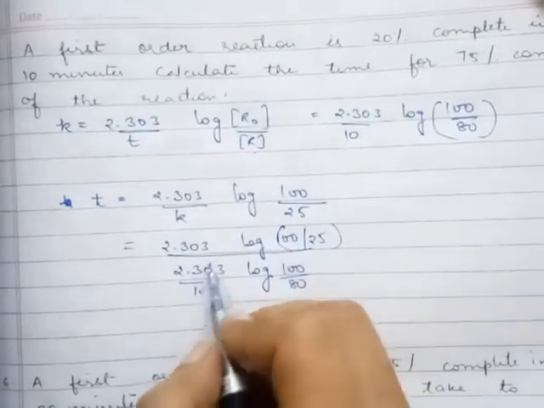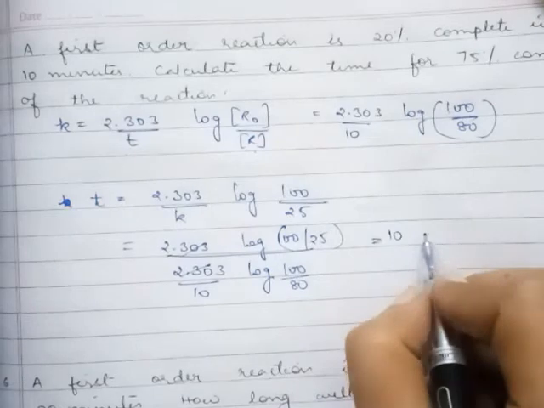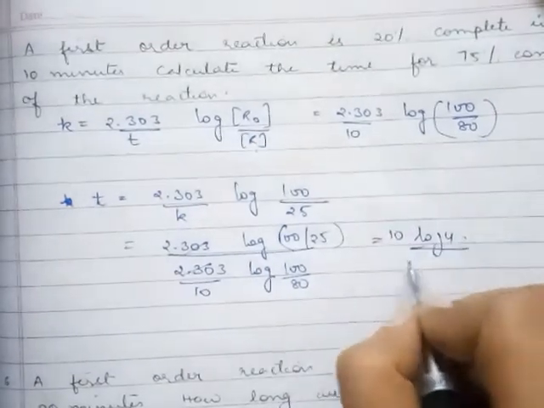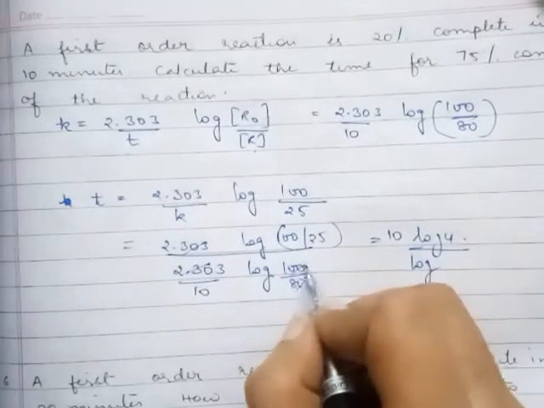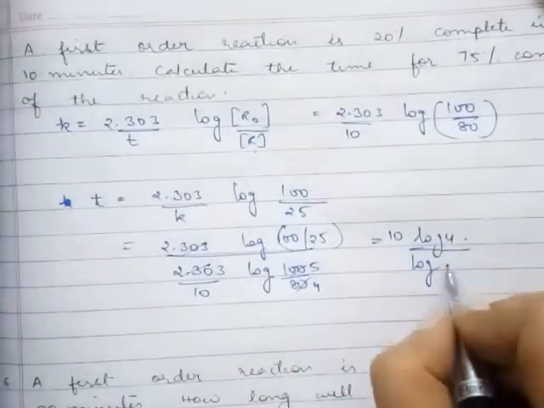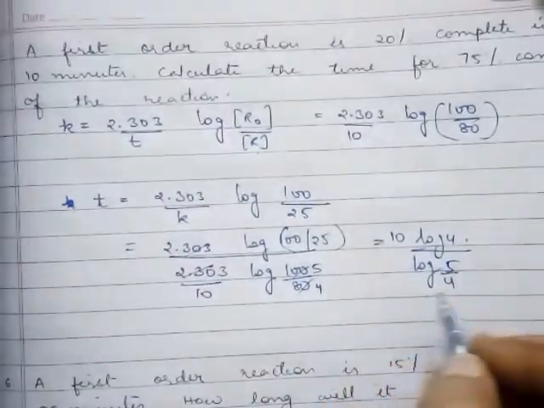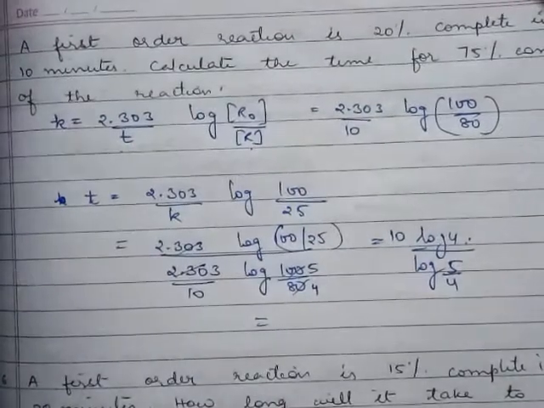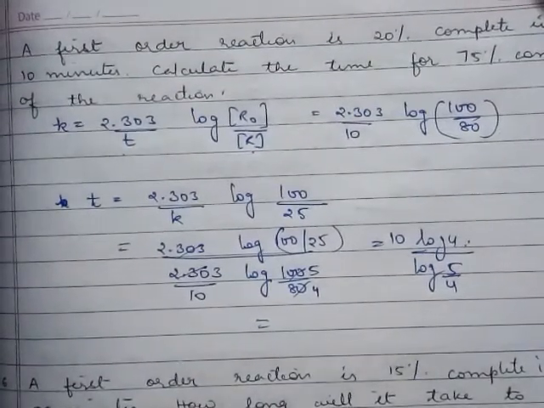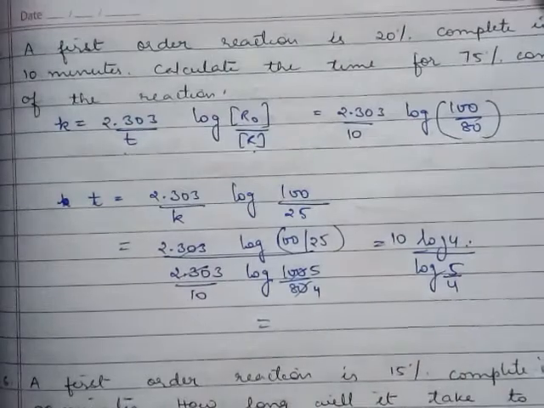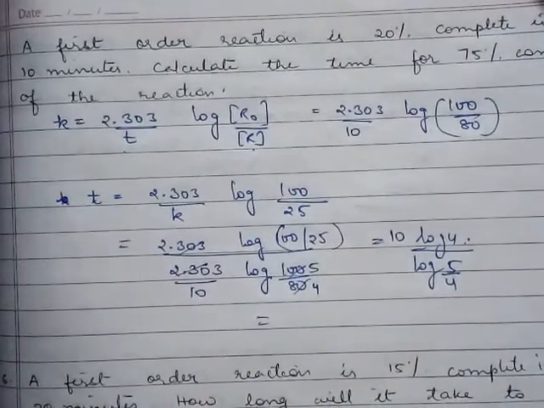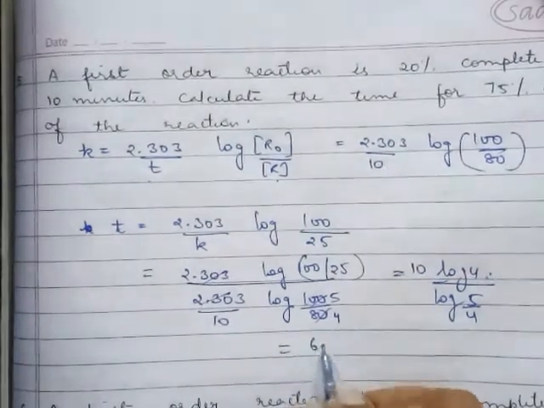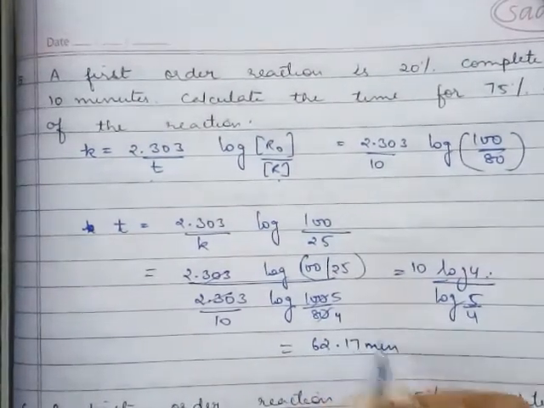So 2.303, 2.303 cancel, you will have 10. This is numerator log 4, and that would be divided by log 5 by 4. So when you put the value of log 4, log 5 by 4 and you multiply by 10, you will get the answer. So you need to know the log, and the answer would be with respect to it. So here the answer that you get is 62.17 minutes.